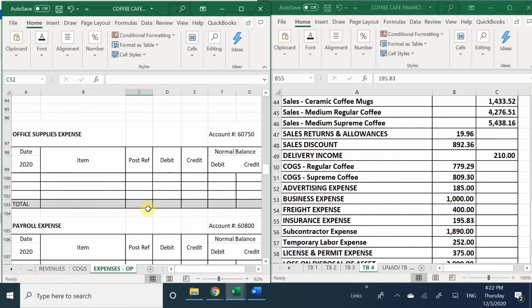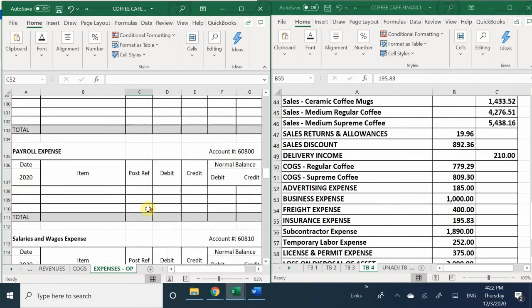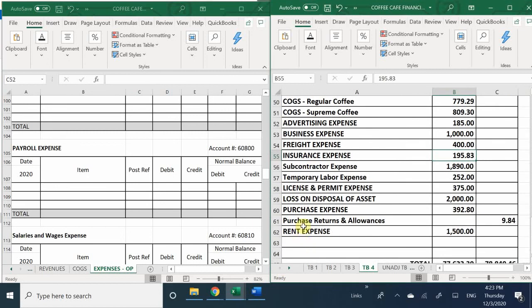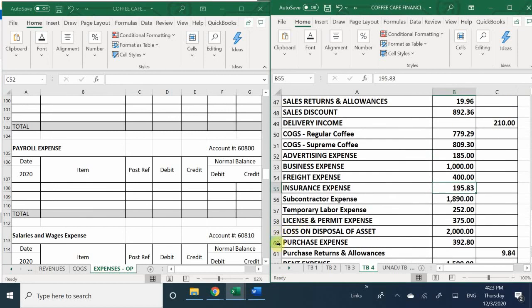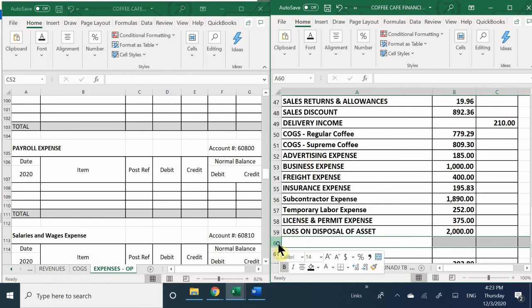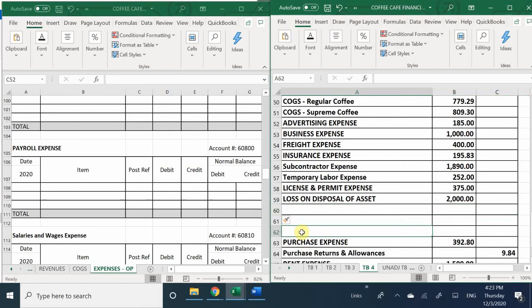Office supplies expense, we haven't done that yet, so nothing there. What about our payroll expenses? So that's something new. So we're going to add that right above purchase expense. So tap on purchase expense and start inserting. We have 3 things that we've incurred: salary and wages expense, commissions expense, and then payroll tax expense.